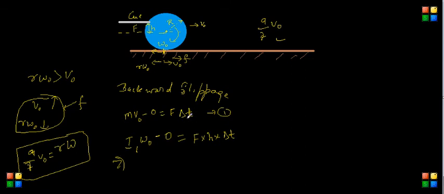Now I already know F times delta t from equation 1, so let me substitute that. I will get omega naught equal to m v naught h divided by I C. Right? Now this is one way.